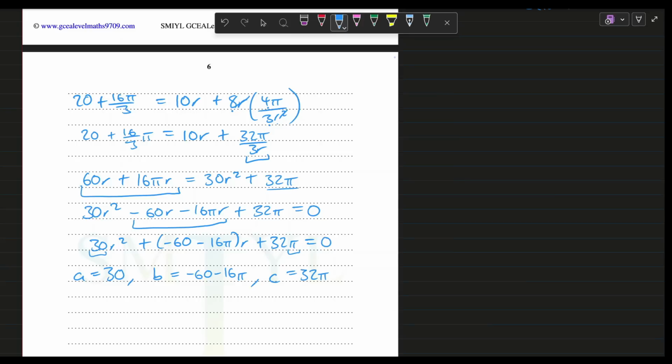To solve this quadratic that we have, if you're brave, you can attempt to factorize this, and yes, it does factorize, but I'd advise that for most of you in this case, use the quadratic formula.